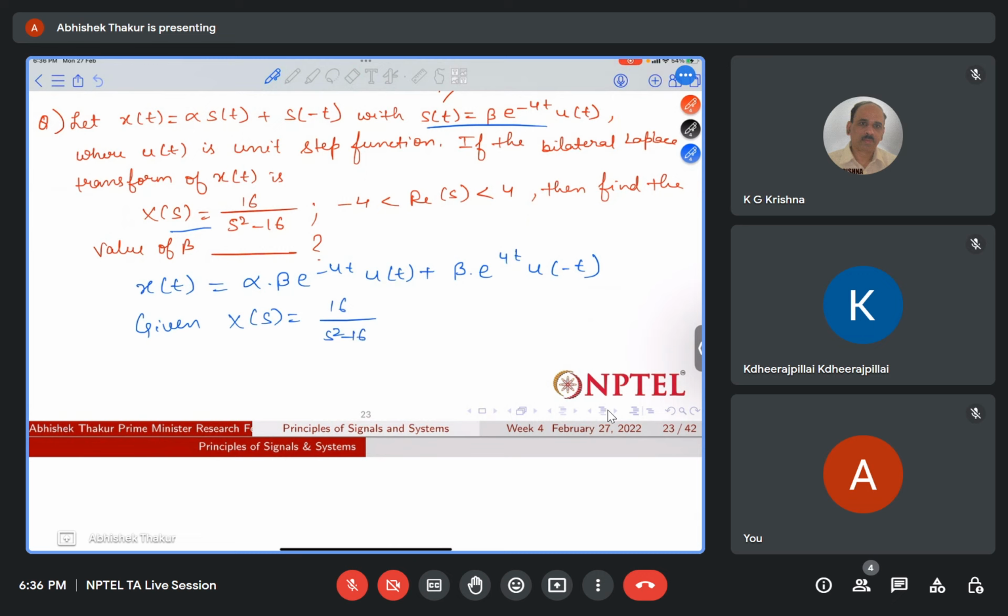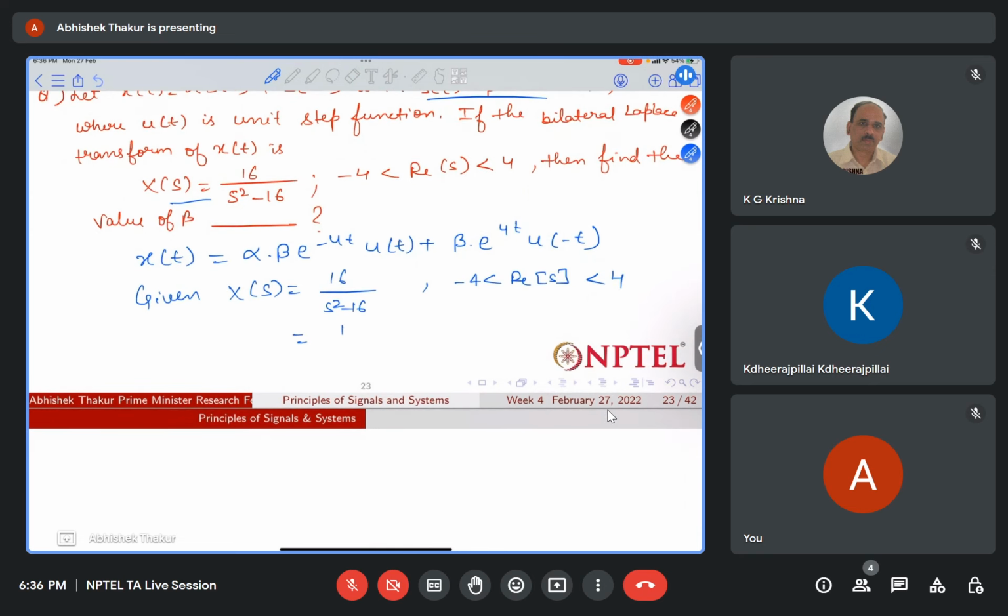And the region of convergence, that is real part of s, is minus 4 to 4. So we can write it as 16 by (s plus 4)(s minus 4).